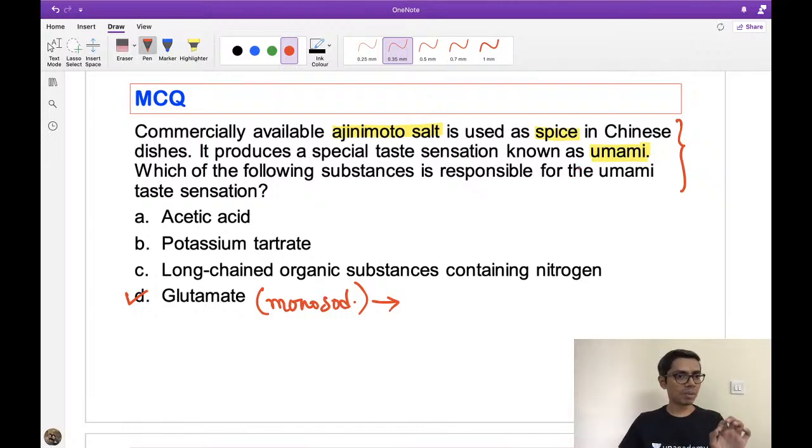Write down the name of the receptor that is stimulated by this glutamate salt. Because in the CNS, the central nervous system, there are NMDA receptor, AMPA receptor, kainate receptor, and metabotropic glutamate receptor, all for glutamate.